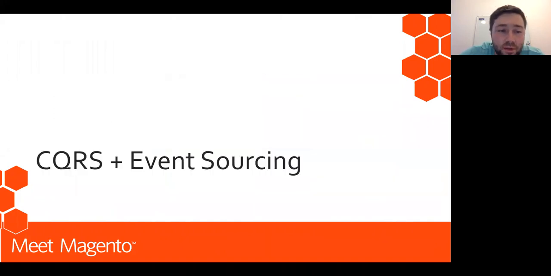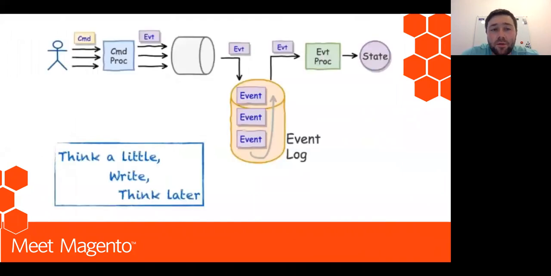Now we will talk about CQRS and event sourcing. So actually, when we are talking about event sourcing, we are talking about the event log, first of all, and all the commands which are created and sent to our application layer are saved into the event log storage, and ideally events from the event log are never removed and never vanished.